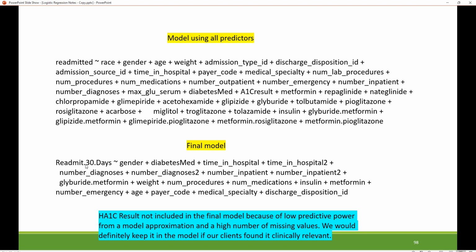For our final model, using the variable names, it's readmitted.30.days, and we have these fewer predictors. The HA1C result was used in the initial study, but it was not included in the final model because of its low predictive power.